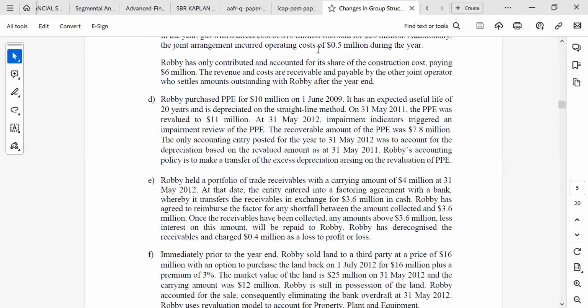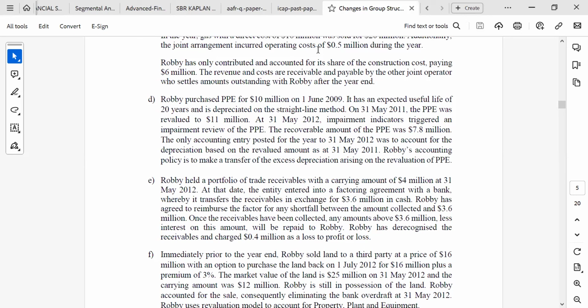All right, thank you. So this is PPE together with IAS 36, that is impairment of non-current assets. Okay, they say Robbie purchased the asset on what? Robbie purchased PPE for 10 million on 1st June 2009. It has an expected useful life of 20 years and is depreciated on the straight line method.